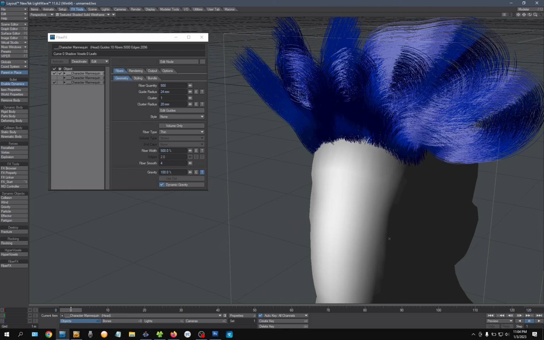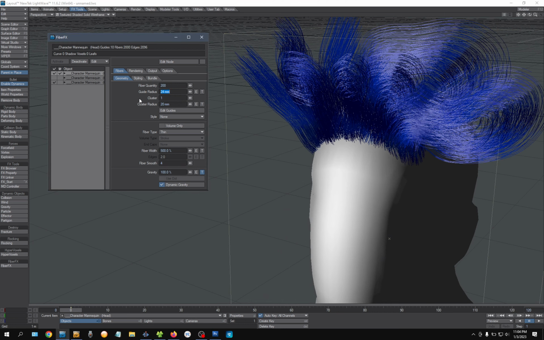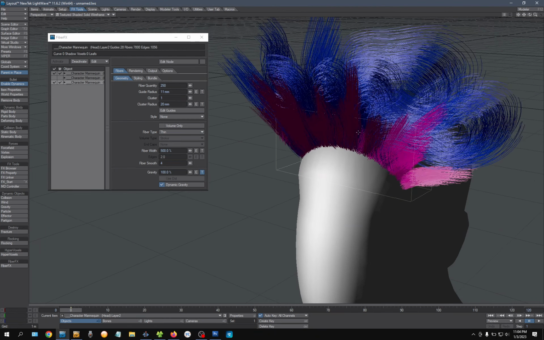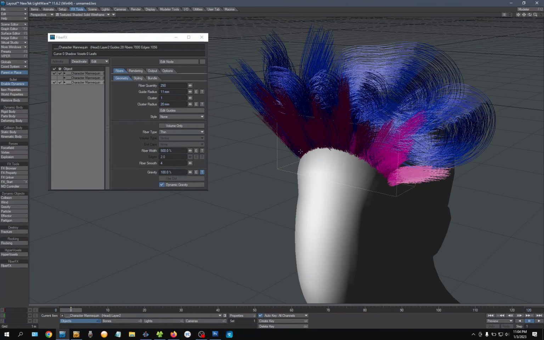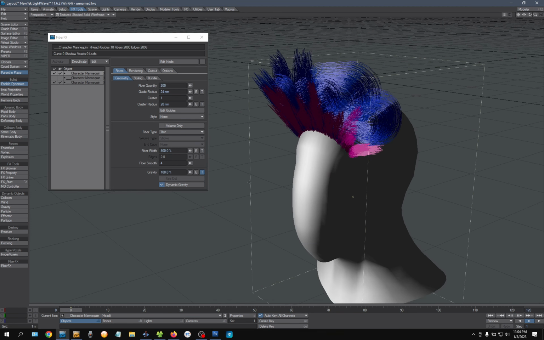Honestly, I would probably just leave it at that, but I'm just showing you how you could go about it. That is, you make a clone here like that, and then you have more guides in the front, and then you got less guides for the back over there.